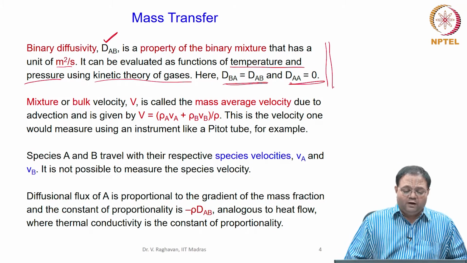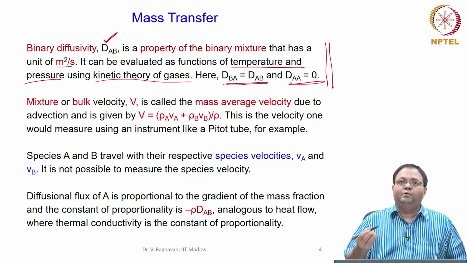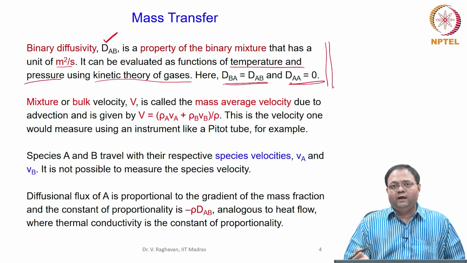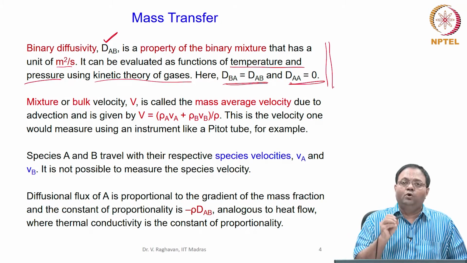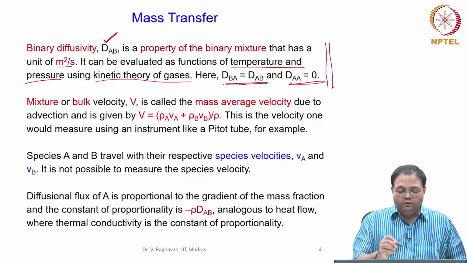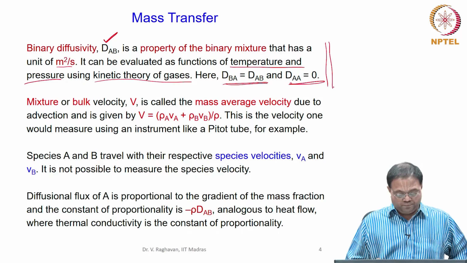And this binary diffusivity is a fundamental property, like any property, say K, mu, etc. This is also a transport coefficient, a diffusion coefficient. So, DAB is a mass diffusion coefficient.